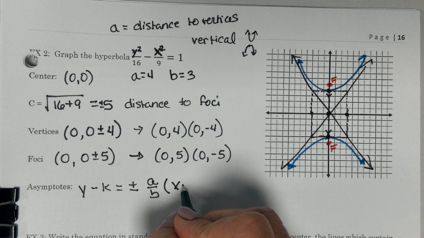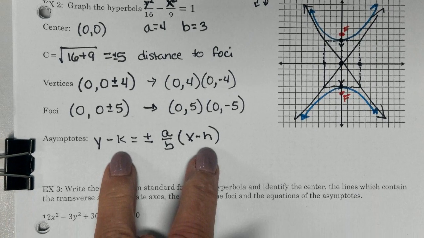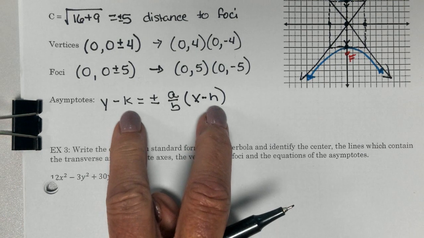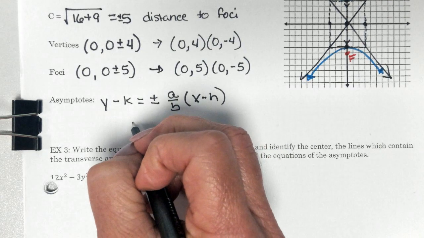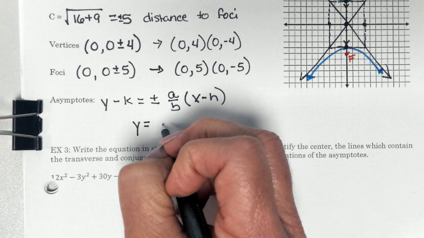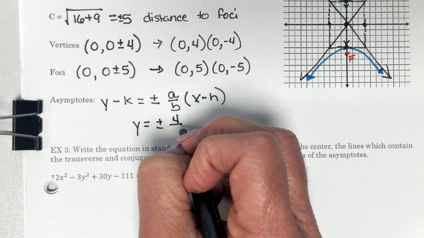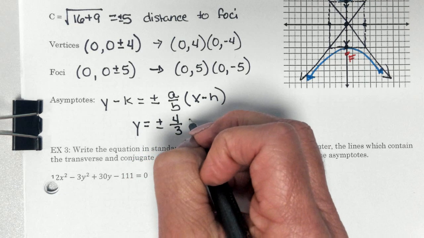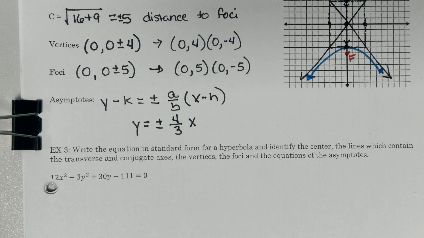X minus h. So when you plug those values in for h and k, since they're both 0, we're going to end up with y equals plus or minus 4/3 x. And that is going to be your equation for your asymptotes.